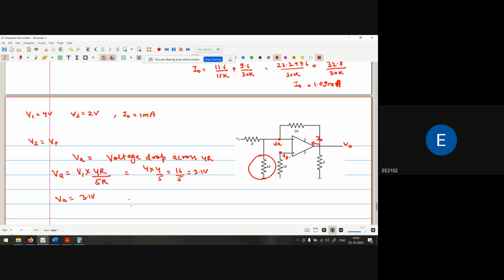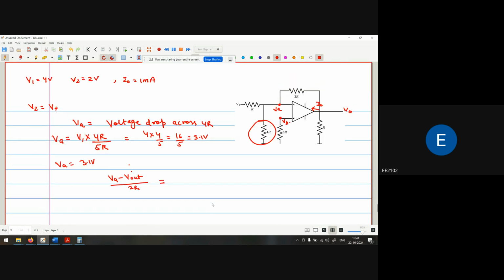Now if VA is 3.2 volt, so what is the output voltage? VA minus V out upon 2R, that is equal to... Sir, the VA will also be affected by the feedback resistor.